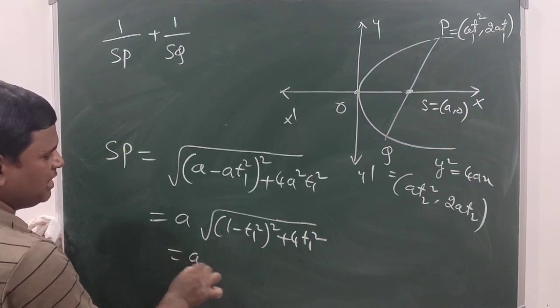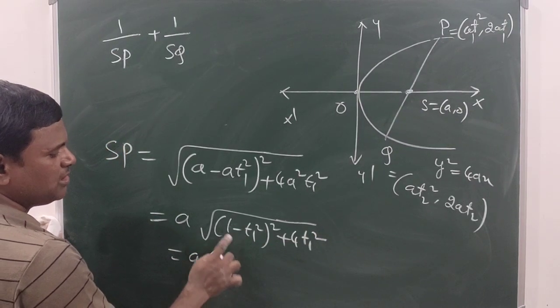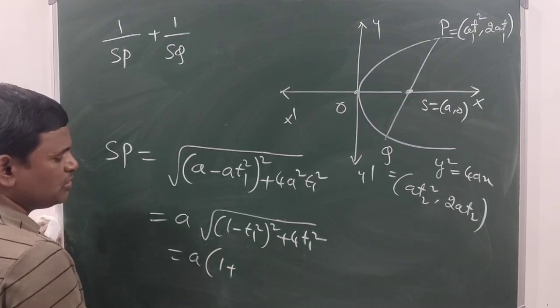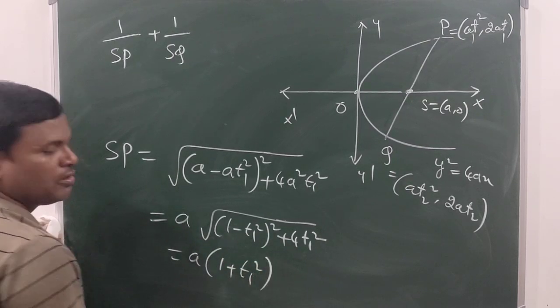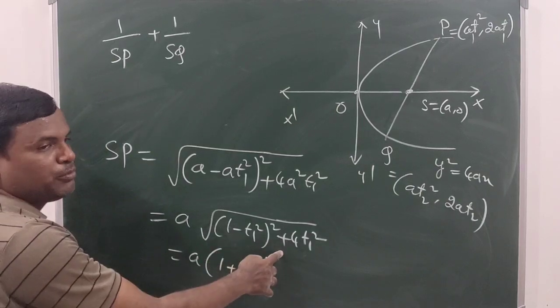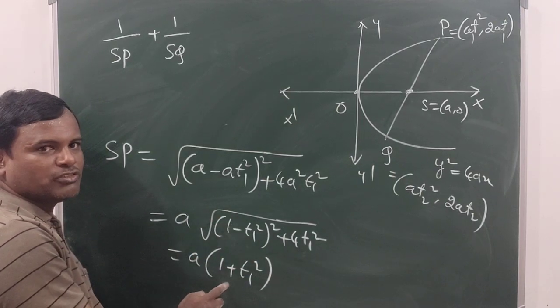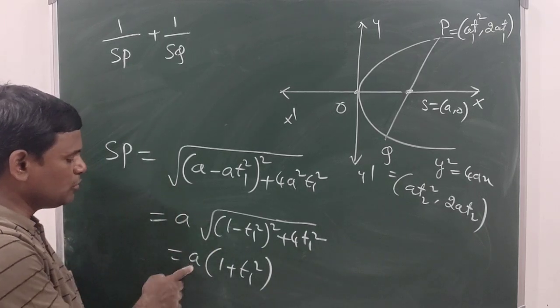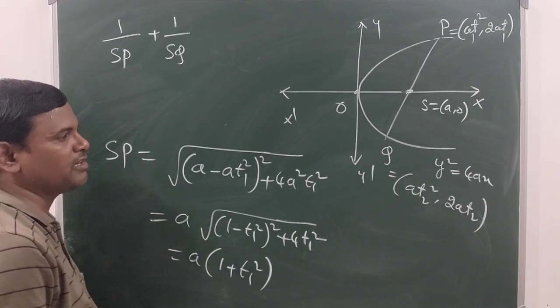So this can be written as a of 1 plus, a minus b whole square plus 4ab, which is equal to a plus b whole square. Square root cancels, this much will be left. For SP, the SP length is how much? A of 1 plus t1 square.